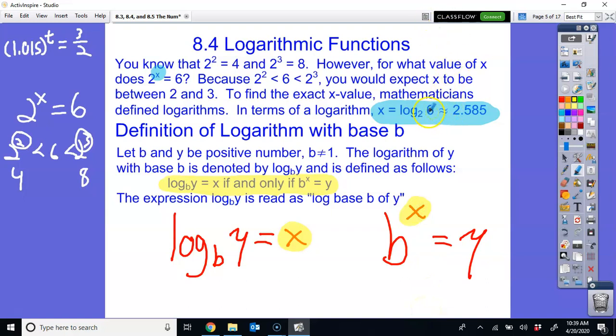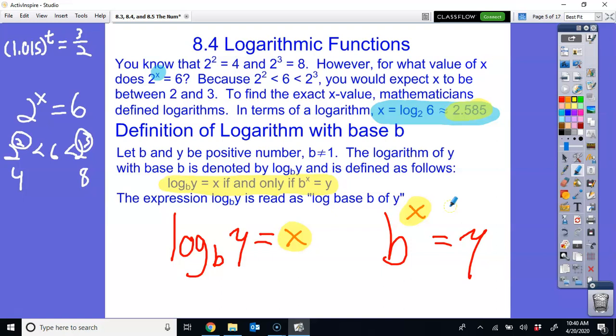So let me go back up here. Log base 2 of 6 is telling you that if you take 2 and raise it to this power, you will get 6. That's what a logarithm is helping me find: a missing exponent that you raise the base to, to get the number on the inside of the logarithm.